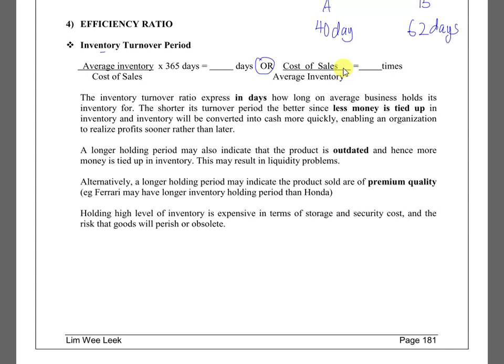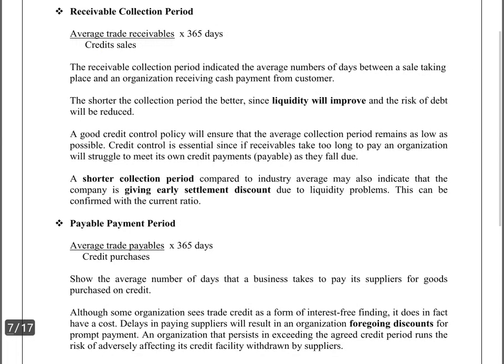Just receivable, then we just take 9. No, if you divide by 2, then it's half already. You divide by 2 when you have opening plus closing divided by 2, but we don't have opening.